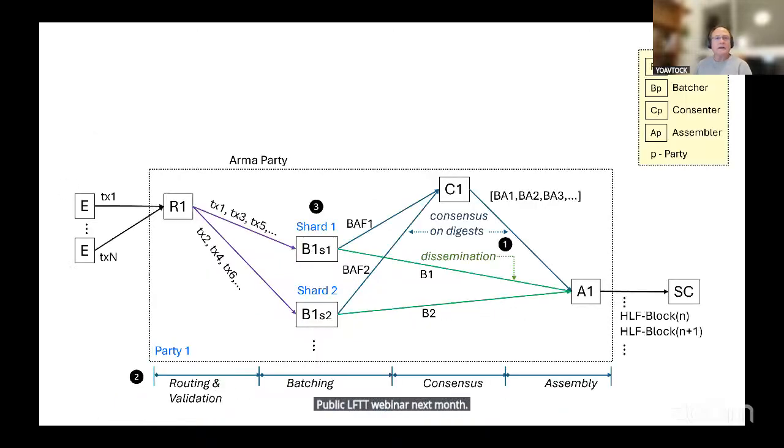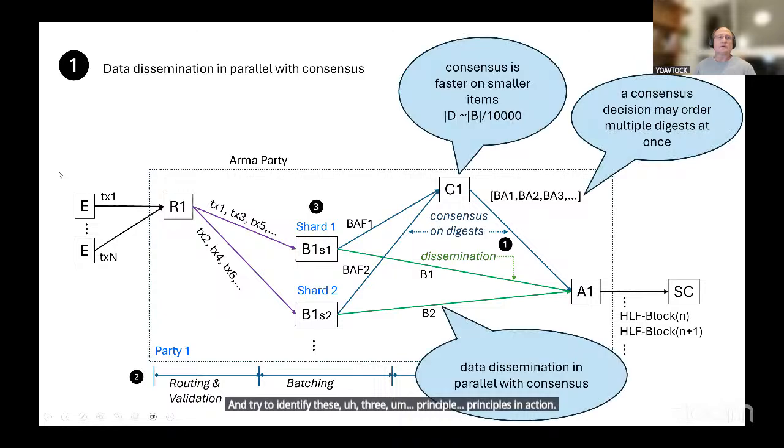Now, let's zoom into the Arma architecture and take a look at a single party and try to identify these three principles in action. So first, data dissemination in parallel with consensus. What we see is that batchers send digests to the consenters, and the consenters are basically emitting total order on digests, not on batches, as in Fabric.